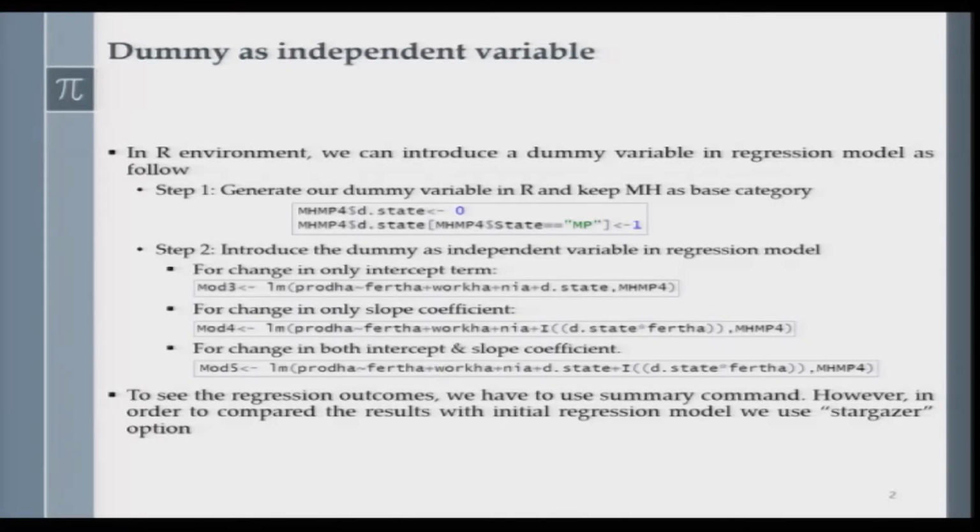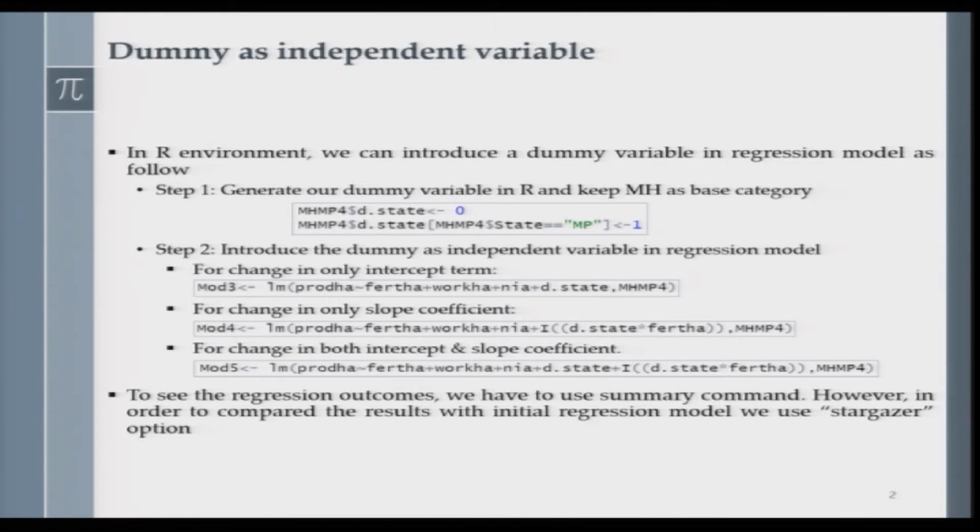Here I am showing you the code or command that you need to write for estimation of model 4. You see I am incorporating the interaction term between the dummy variable d.state and FERTHA, and then finally we are going to come to model 5, where we are going to talk about both intercept and slope coefficient changes due to the presence of the dummy variable.